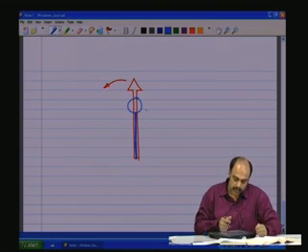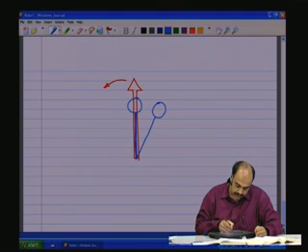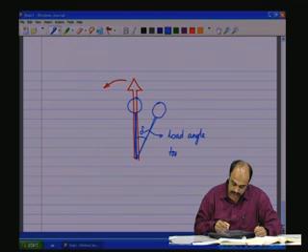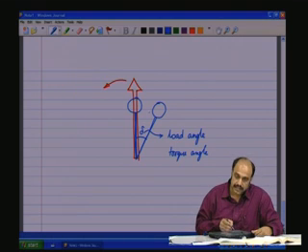But when you load, the rotor will lag the stator field by some amount, by an angle called delta, called the load angle. This is called the load angle or torque angle. However, both are still going to keep rotating at synchronism.